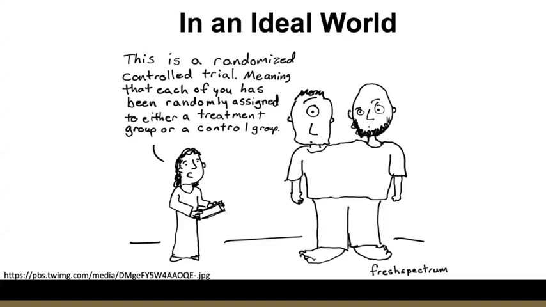So it says this is a randomized controlled trial, meaning that each of the two conjoined twins have been randomly assigned to a treatment group or a control group. So I can't see anyone's faces, but I'm assuming that you can see that what we want in an ideal world of research is actually sometimes very impossible to achieve.